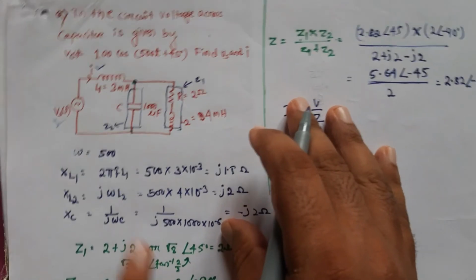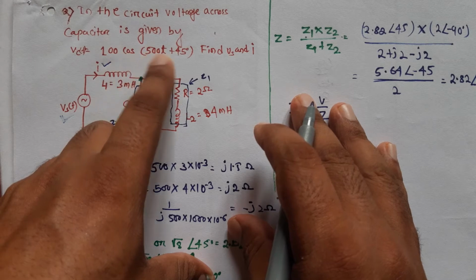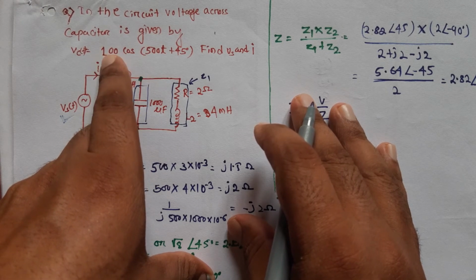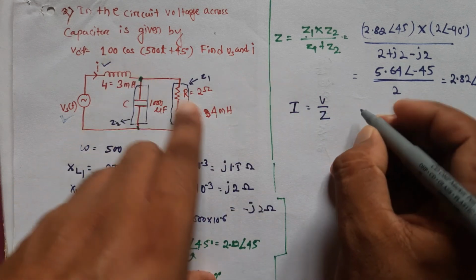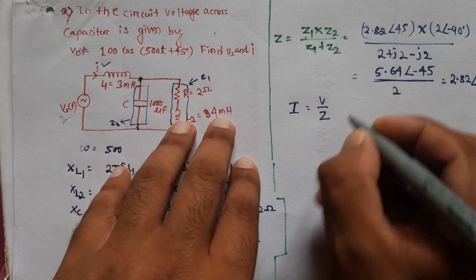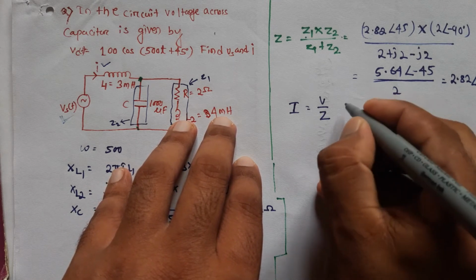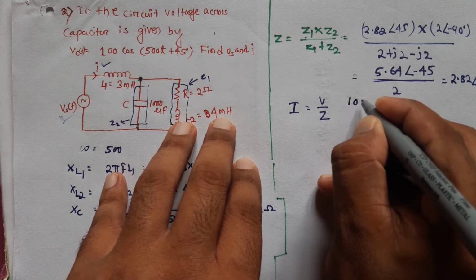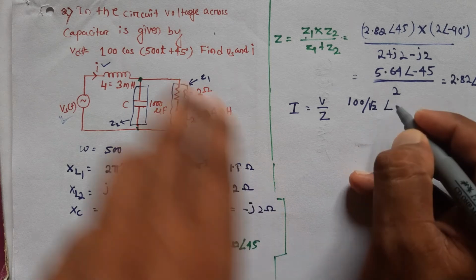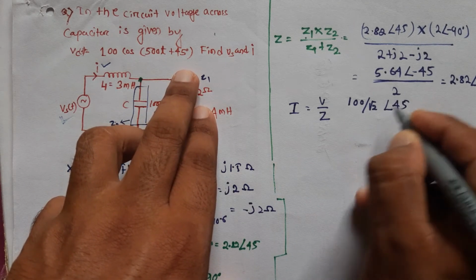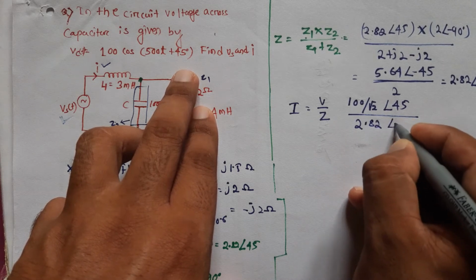We know this current I is the RMS value, V RMS by Z. Here the question gives the Vm value, Vm cos omega t, so we convert Vm to V RMS. We can write 100 by root 2 angle 45, divided by 2.82 angle minus 45.